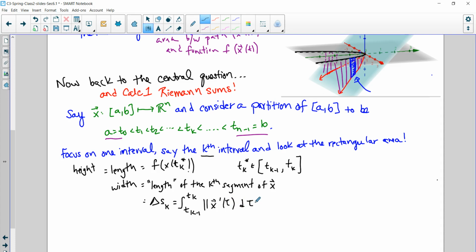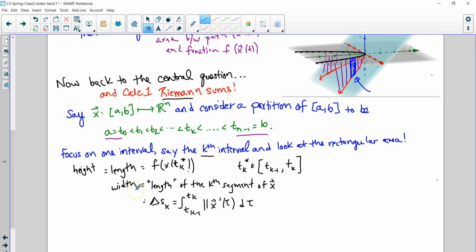Just to recap, to find the area of this little rectangular region, I did the same thing we knew from Calc 1 with Riemann sums. I found the length and width of it, or the length, which I also called the height, and that's given by the difference from the function to the path at some representative point in that interval.